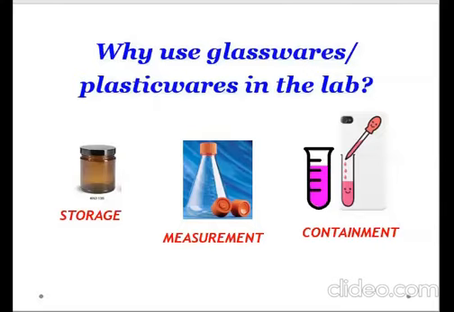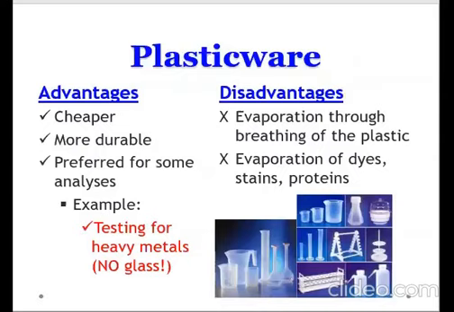Now let us focus first on discussing the advantages and disadvantages of using plasticwares and glasswares before we proceed with the discussion on the different types of glasswares or plasticwares. For plasticwares, the advantages are, first, that it is cheaper compared to glasswares. It is more durable.